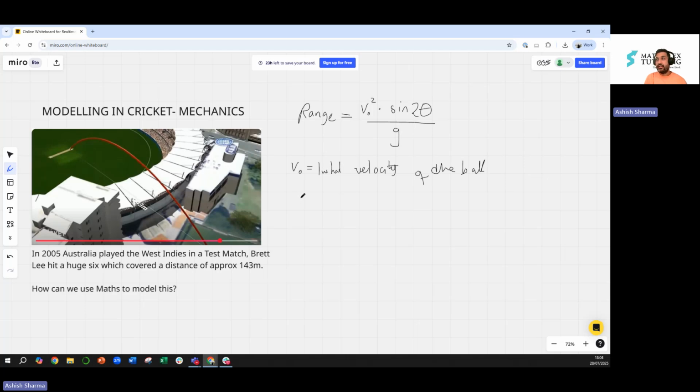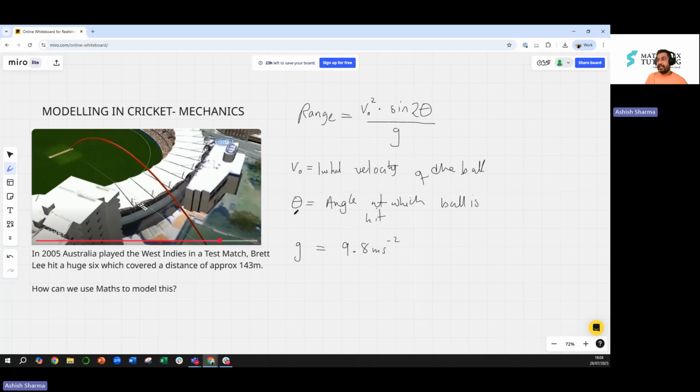The next thing that we need to know is theta, which is the angle at which the ball is hit. Again, if you've got the technology that can tell you that angle, that would be really good. And then the final thing is g, the acceleration due to gravity, which we assume in mathematics to be 9.8 meters per second squared.